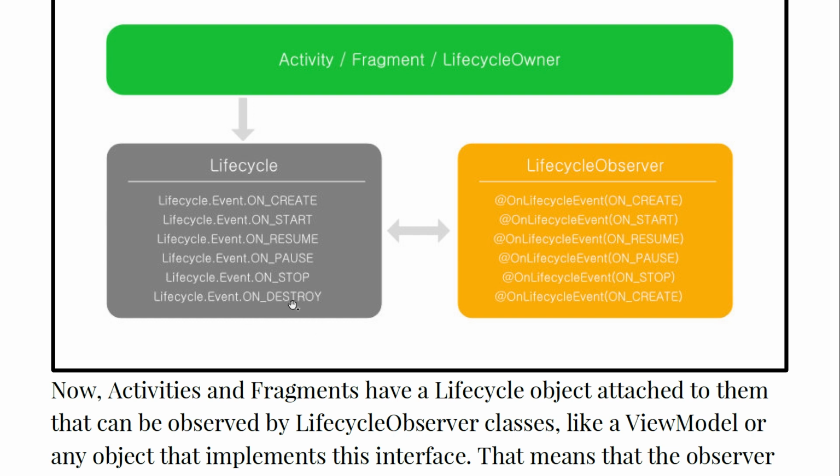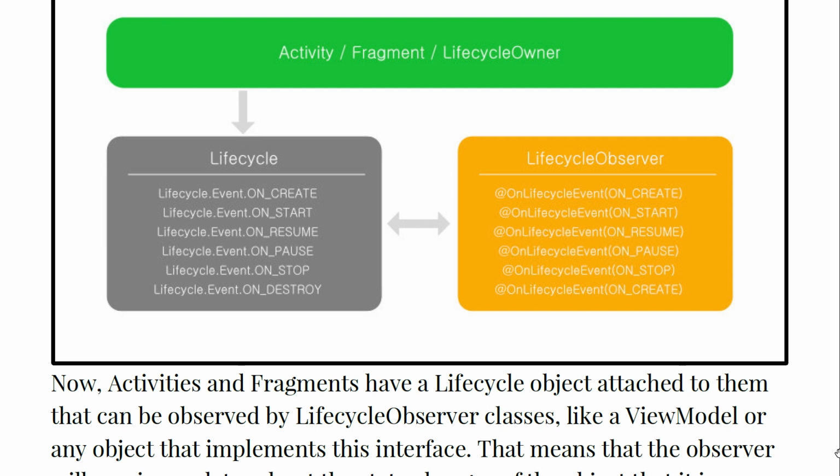We have seen this before in the Android activity lifecycle. So if you want, you can go back to the lessons and see how the Android lifecycle works. And it contacts the lifecycle observer and tells the app or the system that, hey, we are now in the on create method, then on start, on resume, on pause, on stop.